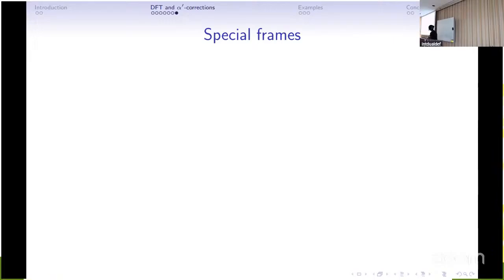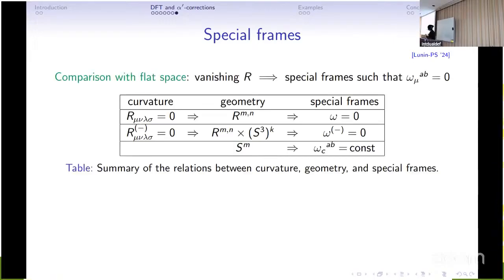Special frames. So the idea is something similar to what Falk was mentioning: let's say we compare things where things are trivial. What if we look at flat space? If we know that R vanishes, we know that there's a special set of frames where even the spin connection happens to be 0 as well. This is not unique.